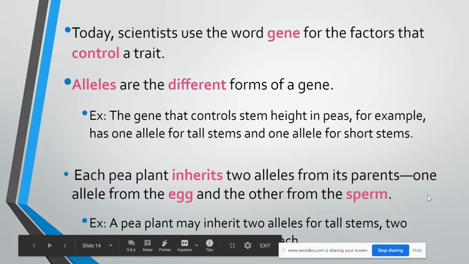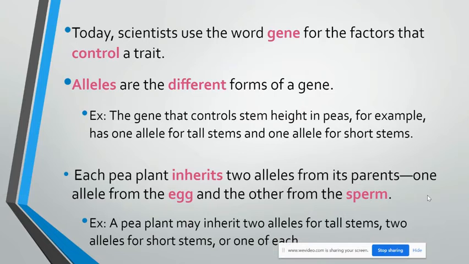So today, scientists use the word gene for the factors that control a trait. And then there are alleles, which are different forms of a gene. So the gene that controls stem height in peas, for example, might have one allele for tall stems and one allele for short stems, but it's going to show up as tall.